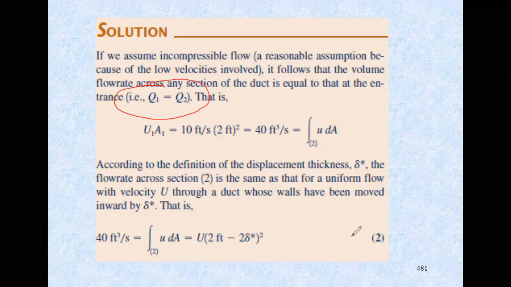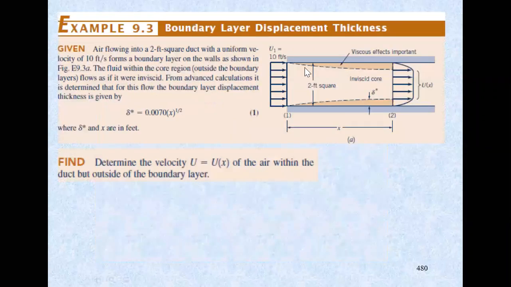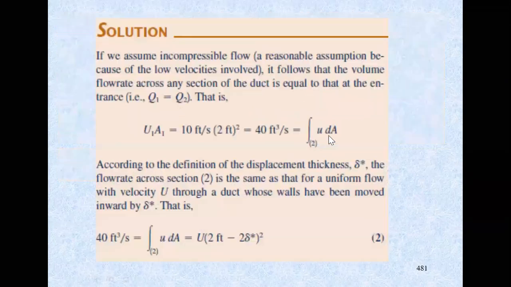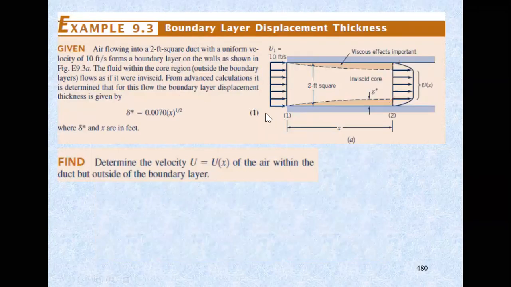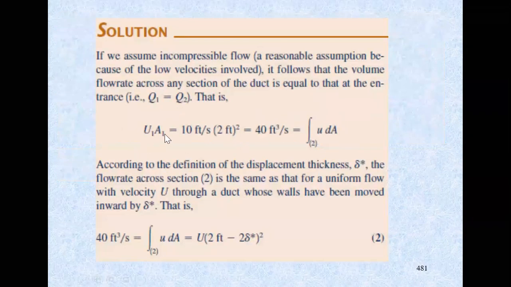Because you see that over here, due to the boundary layer, the area will change. In the beginning, Q is equal to U1 times A1. So you have 10 feet per second as the velocity, and the area is 4 feet squared.